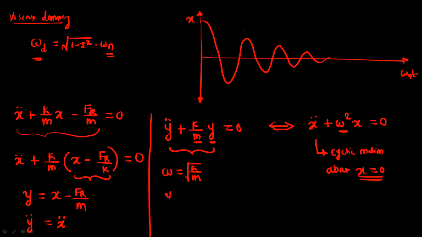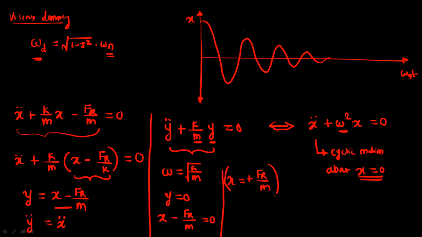So here I will assume y is equal to 0. And what is y? So from this equation, this is x minus fr upon k, this is equal to 0. Okay, and x is equal to plus fr upon k.